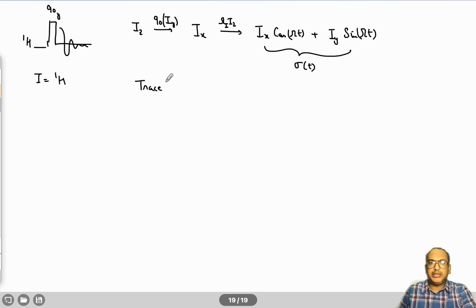and to detect, what you have to do is you have to take the trace of sigma t into I plus operator, and then whatever you got is nothing but, let's say, e to the power i omega t.